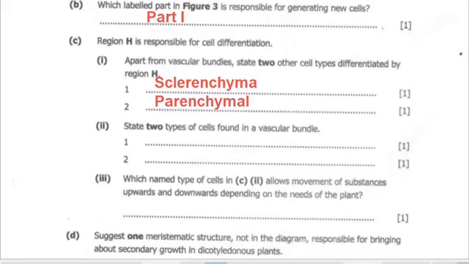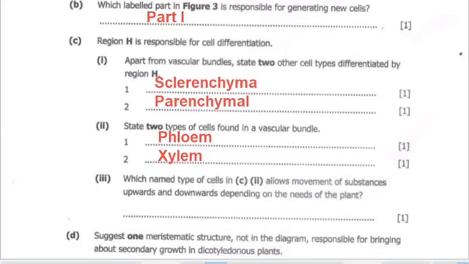So we come to our question C2 right here. State two types of cells found in a vascular bundle. So a vascular bundle consists of the xylem and the phloem cells. Okay, so those are the answers. I hope it's clear. Let us now move on to question C3.